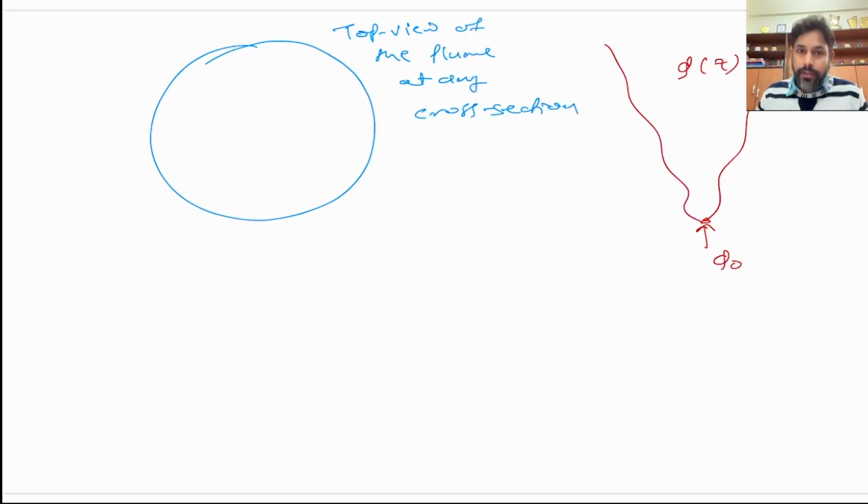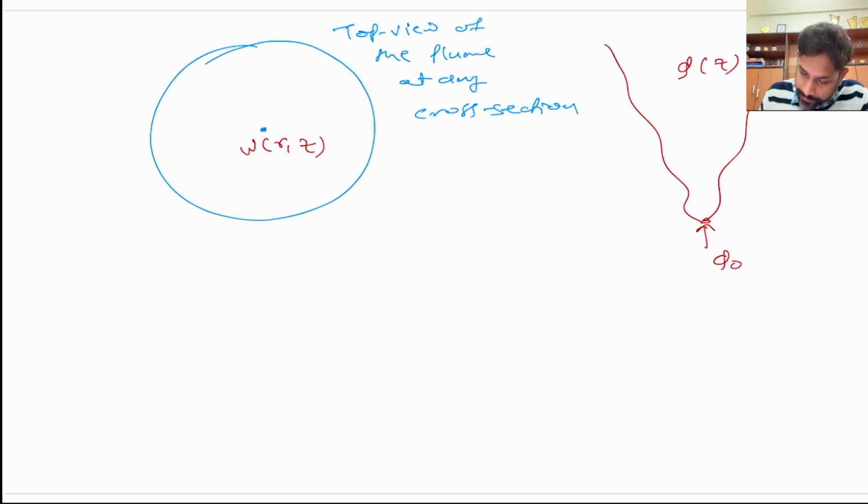So it will have different velocity, obviously, right? Because w here will be a function of r and z, and w is in the vertical direction, right? So now if we want to find the total volume flux, we have to integrate the vertical velocity from radius r equal to 0 to the maximum radius. Okay, so for that, let's assume this is the plume center.